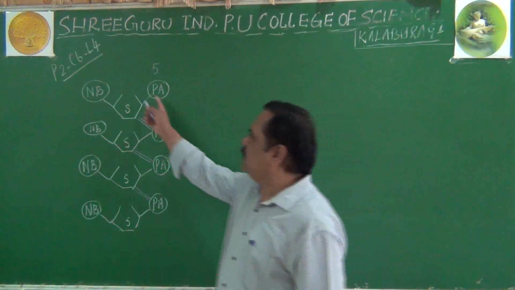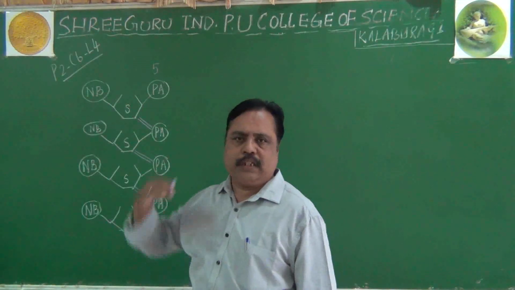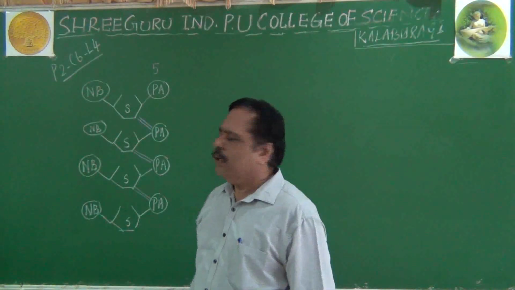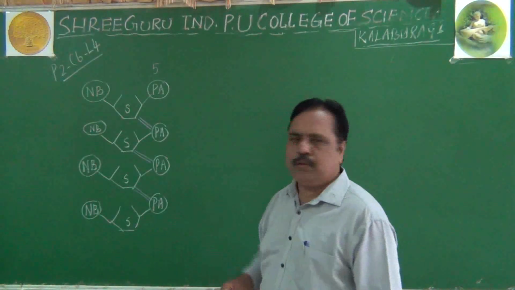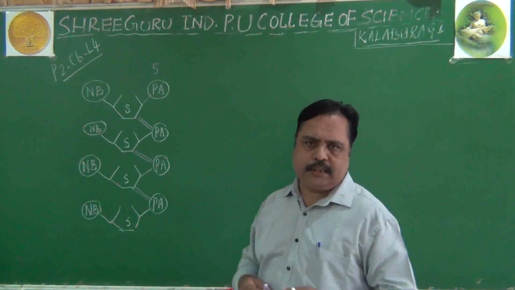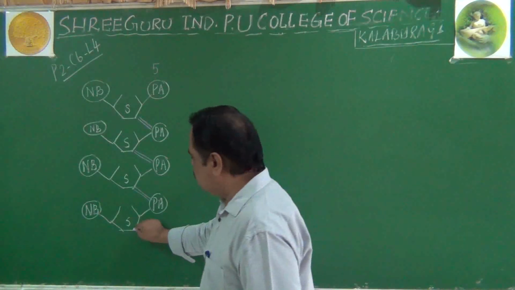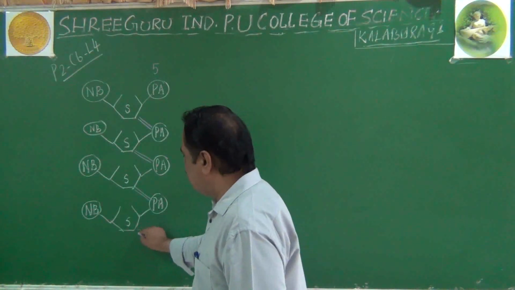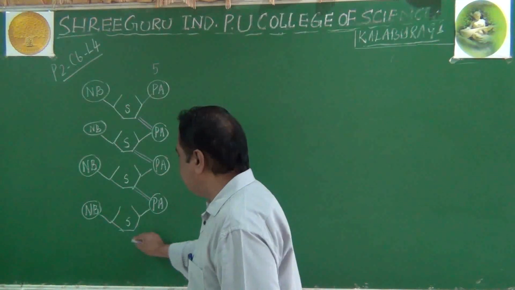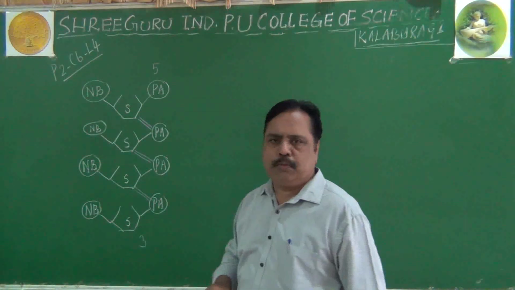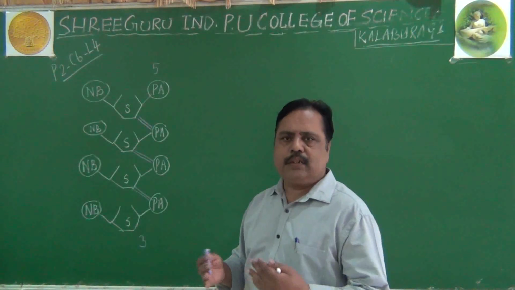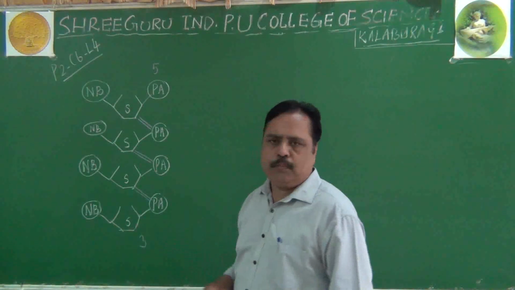Why? Because there is no more sugar molecule present at the top again. When we come to the last sugar molecule, imagine this is the last sugar molecule of this chain, here in the last sugar molecule, third carbon atom will remain vacant, remember. Because it will no longer form a phosphodiester bond since there is no successive sugar molecule present here.